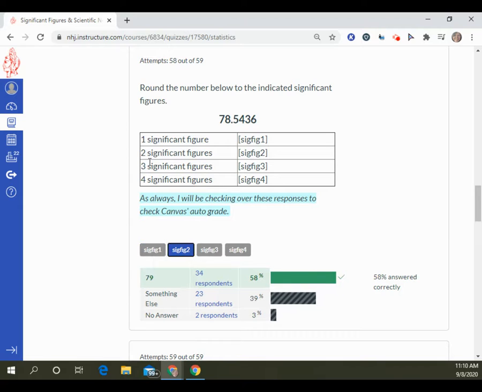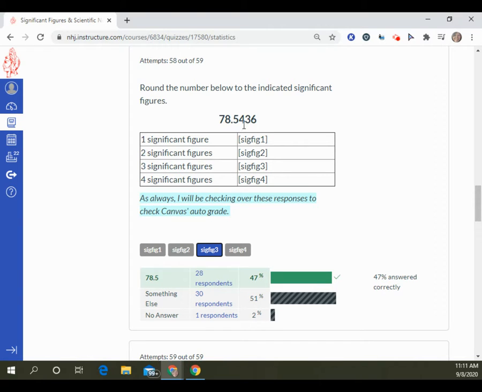Okay, the second one, 2 significant digits. In this case, we'd have 79 because the 5 right here is going to tell the 8 to go up. So it would be 79. Only 58% of us got that right. And the third one was 78.5 because we need 3 significant digits.